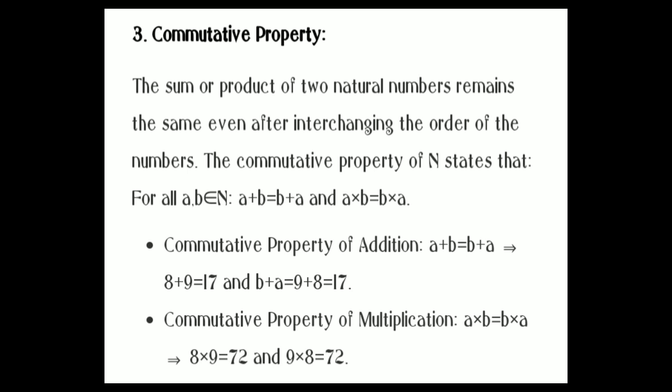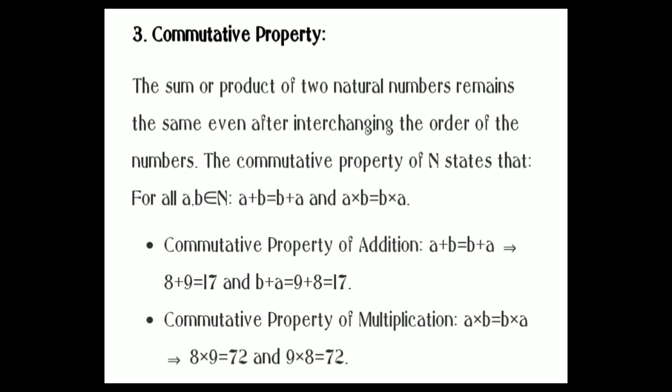So in commutative property of addition, this is the formula: a plus b is equal to b plus a. For example, 8 plus 9 is equal to 17, and b plus a, 9 plus 8, is equal to 17. While in commutative property of multiplication, this is the formula: a times b is equal to b times a.